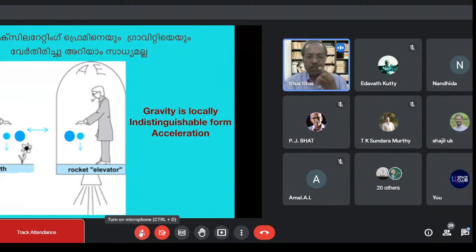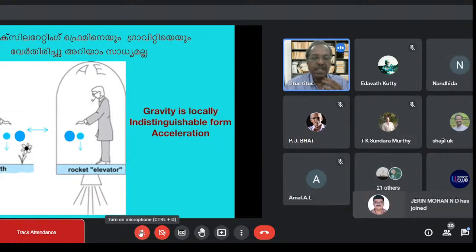You have seen these two figures. A man is sitting on the ground on earth, and another man is sitting in the outer space where there are no material bodies around, no planet, nothing around. And he is inside a chamber. He can't see outside.